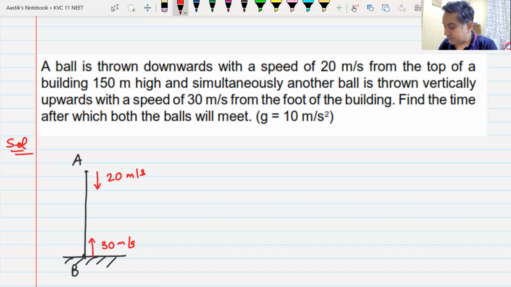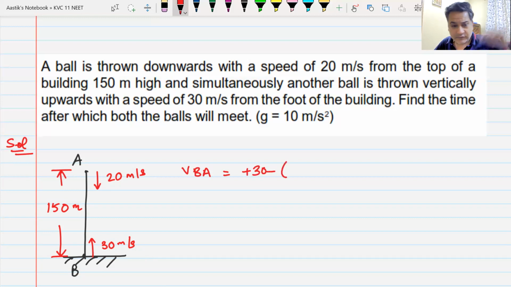Now remember that this distance that they have to travel, the height of the tower, is 150 meters. Now I can find velocity of A with respect to B or velocity of B with respect to A. Let me find velocity of B with respect to A. It is plus 30 minus velocity of A, which is minus 20.